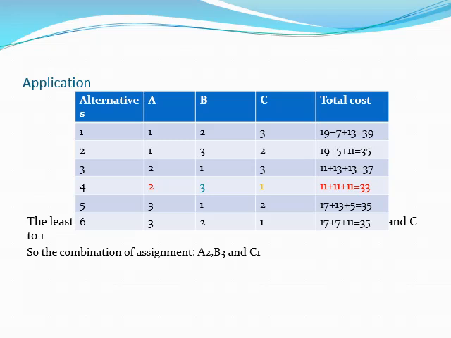Again, if we assign A to 1, it costs 19. If we assign B to 3, it costs 11.